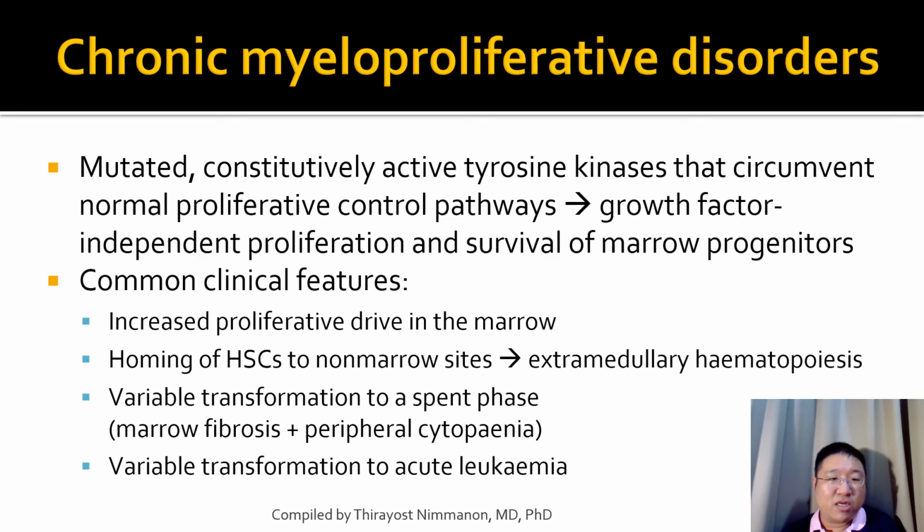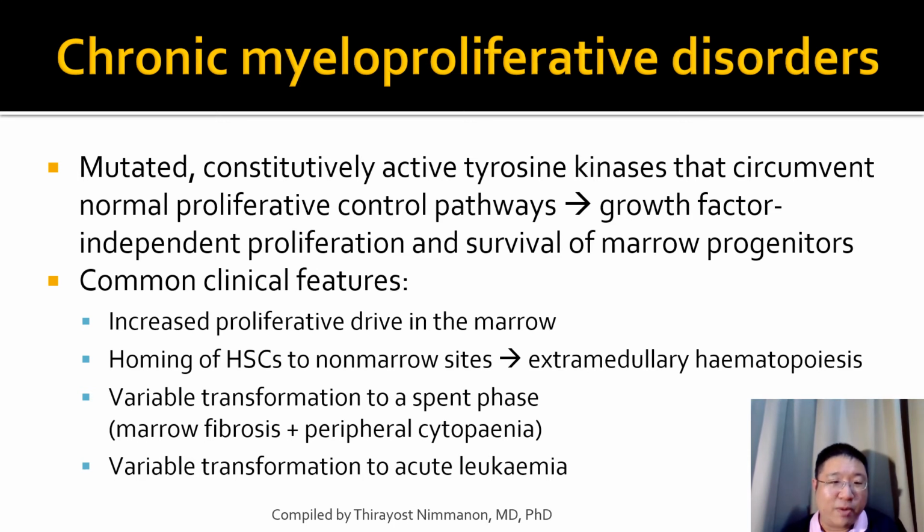And common clinical features include increased proliferative drive in the marrow, and there is sometimes homing of hematopoietic stem cells to non-marrow sites, resulting in a mass outside the bone marrow with hematopoiesis that is called extramedullary hematopoiesis.